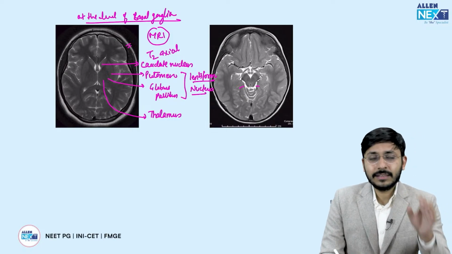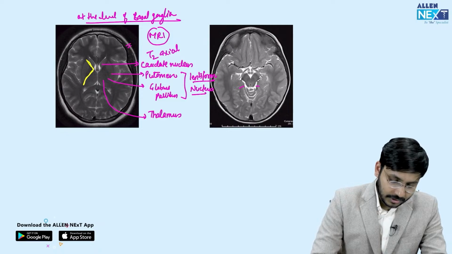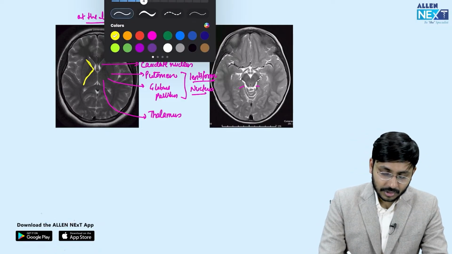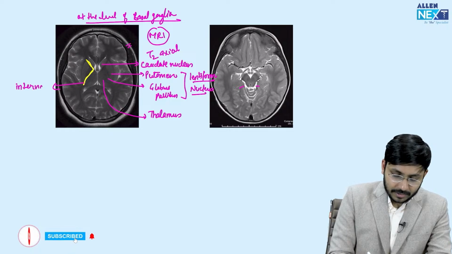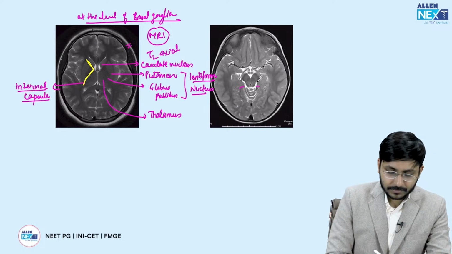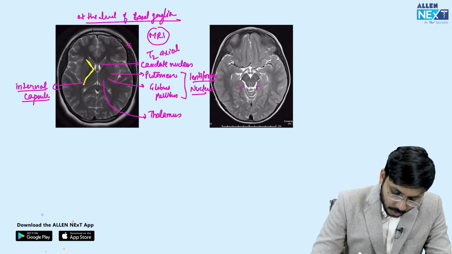Now, in between the basal ganglia and the thalamus, this blue structure that I am labeling, this is your internal capsule. Right? Now, an important lobe I am labeling here. What is this lobe?